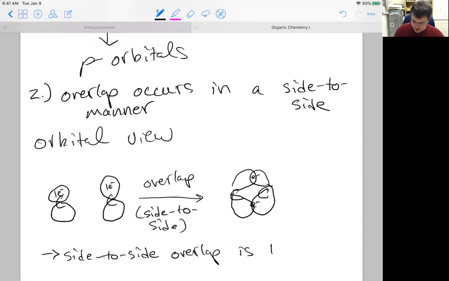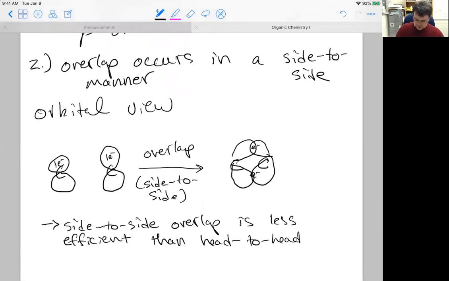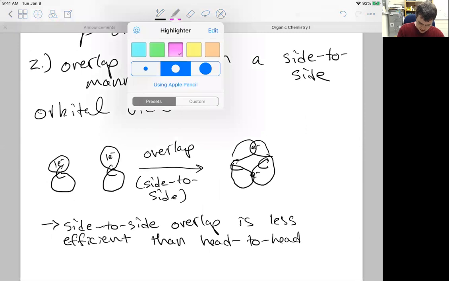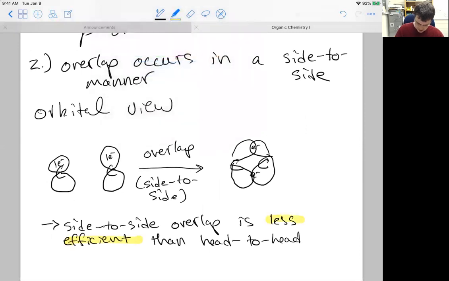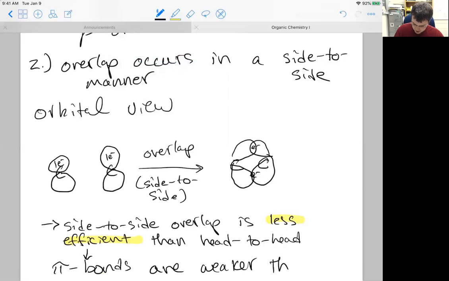How about this? It is less efficient, because I want to use the word weaker for something else. So it's less efficient than head-to-head. It's awkward. So if it's less efficient, what that means is that pi bonds are weaker than sigma bonds.